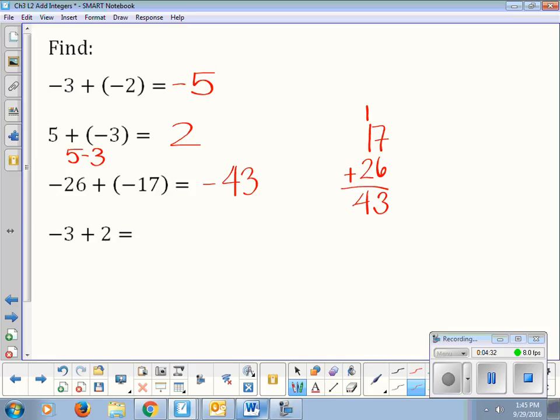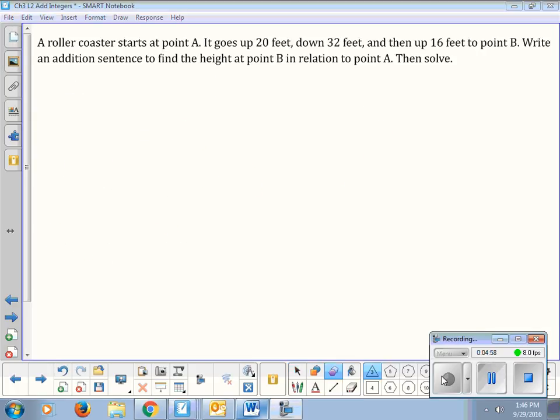Negative sign, so we have -43. Our next one, -3 plus 2. Same signs or different signs? Different, so we're going to subtract. 3 minus 2 is 1, and we keep the sign of our bigger number, which is negative. Because 3 is bigger than 2, so when you subtract, you're going to be left with 1 negative.